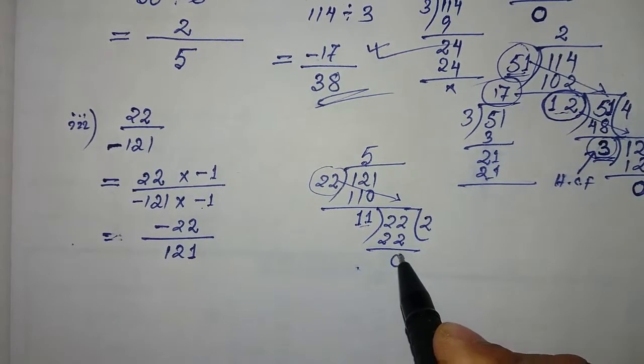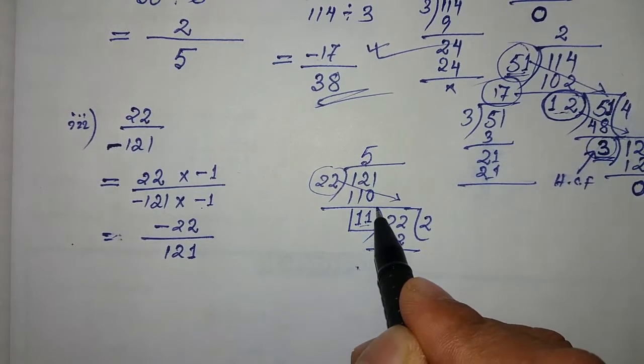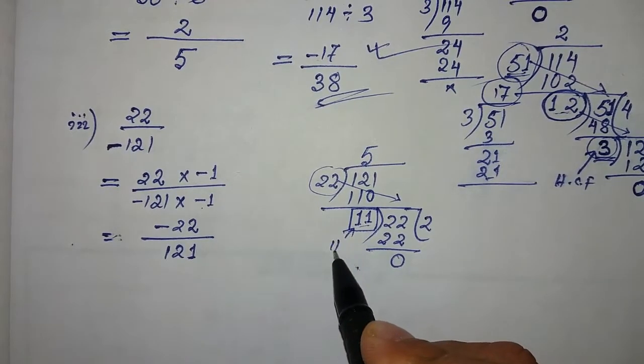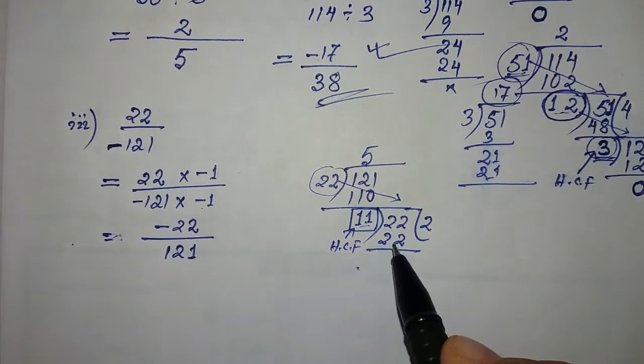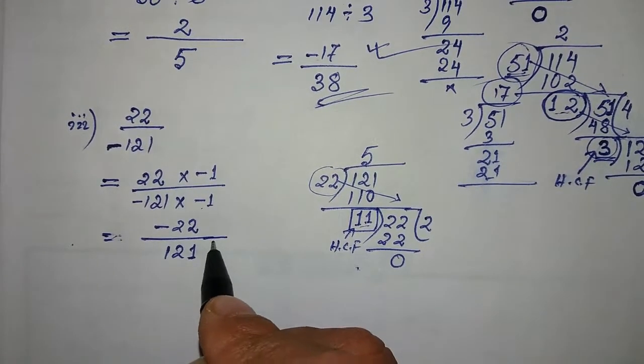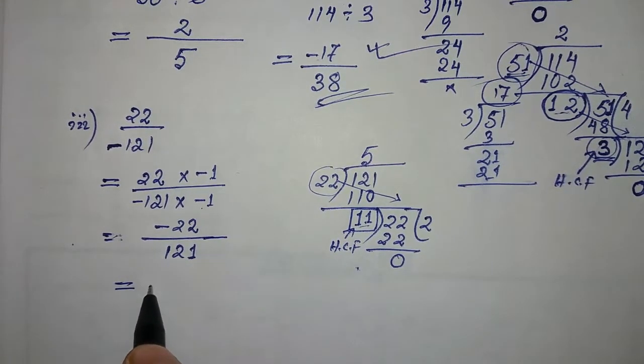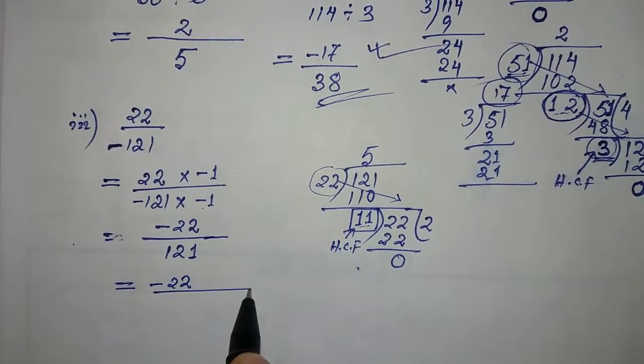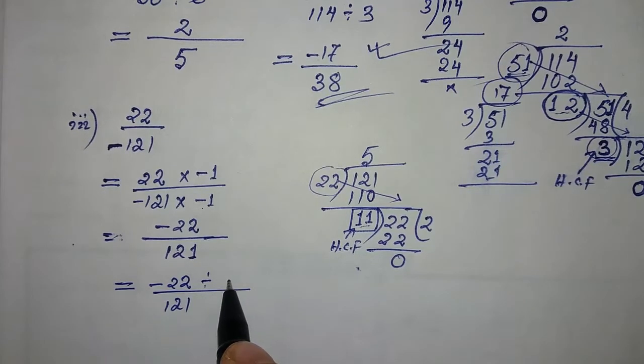Now since the remainder is 0 here, this is the HCF. Now what we're going to do is we're going to divide both numerator and denominator by HCF. So let's divide here, divided by 11, divided by 11.